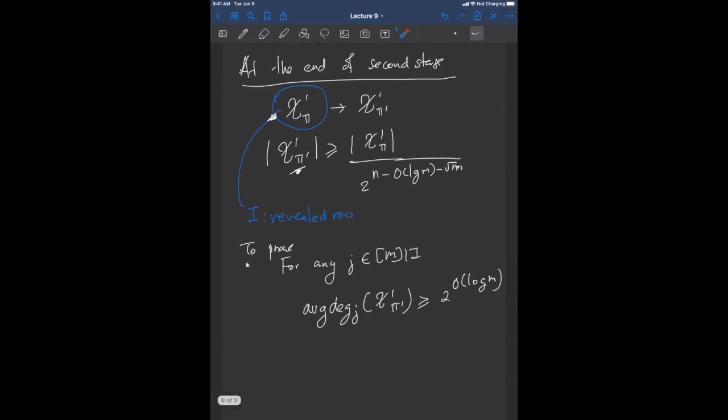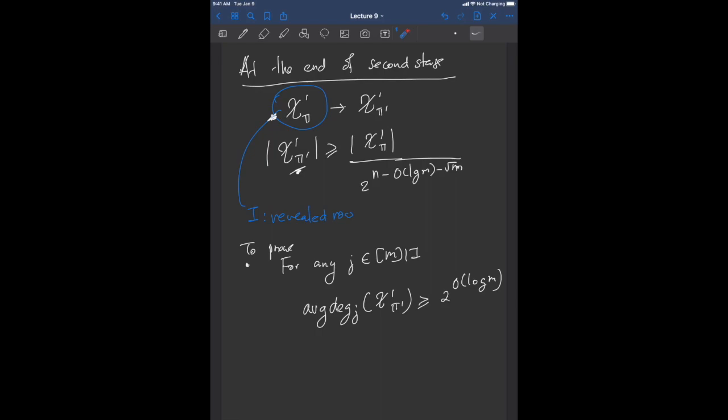This in turn is equivalent to saying that every unrevealed row at the end of second stage, this is the set at the end of second stage, every unrevealed row at this point has average degree at least this much. Okay, so this is what we want to prove. If we prove this, it's fairly straightforward to complete the lower bound. So how do we prove this?